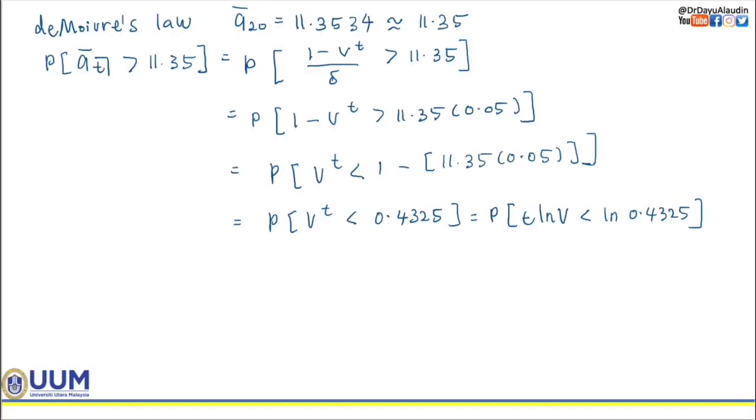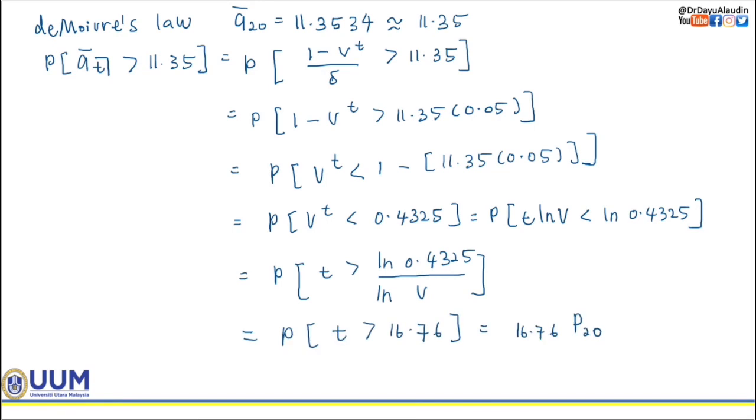So we solve this equation. We change the notation since we put the negative at the right hand side, and we solve with the ln to get T, and then we get T greater than 16.76.